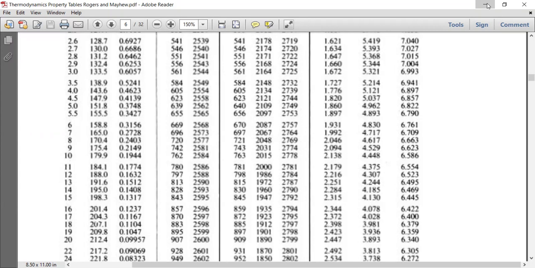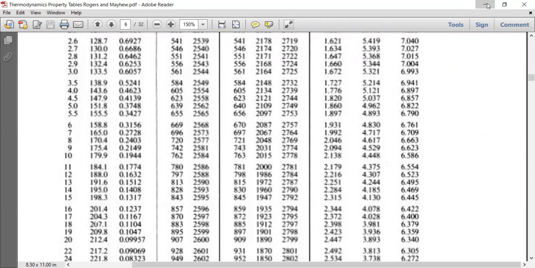So your degree of superheat is what? This 300 minus the boiling temperature at 18 bar.